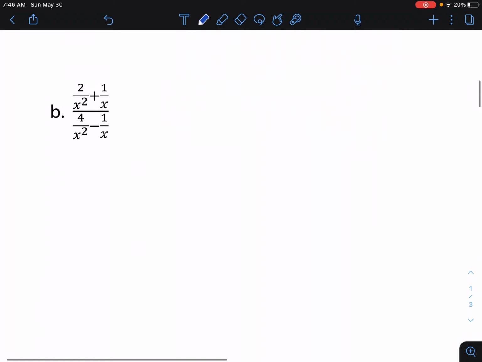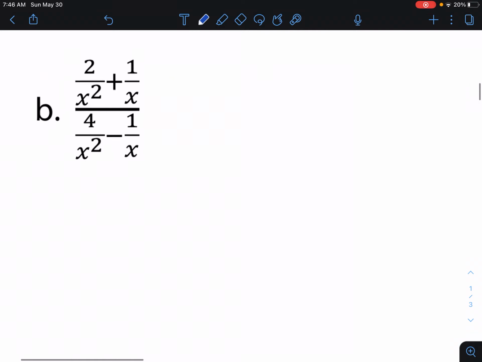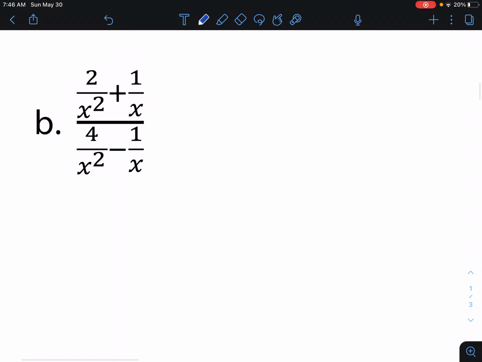All right, the second one, though, there are a couple of different ways we can do this. The first way is to turn the numerator and the denominator into a single fraction. And what I mean by that is find a common denominator. If you look at the numerator and the denominator, in this case the common denominator for both of them is x squared.